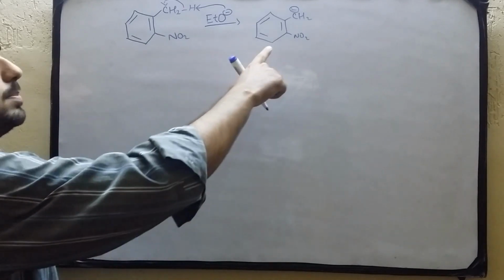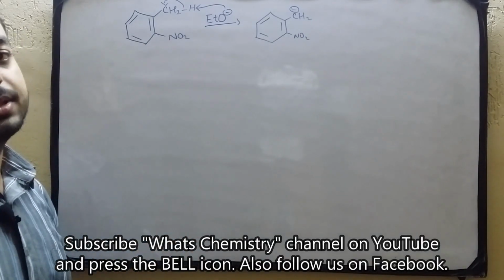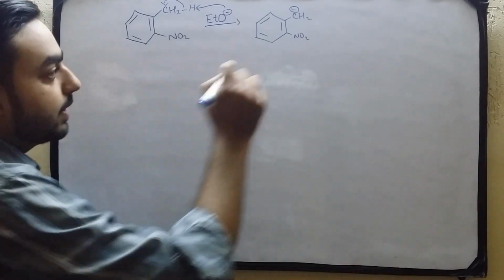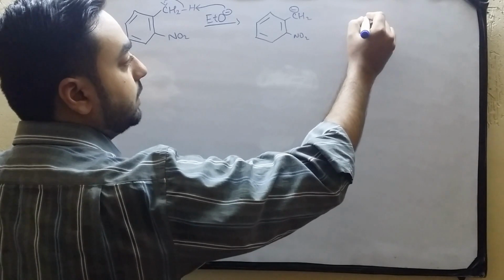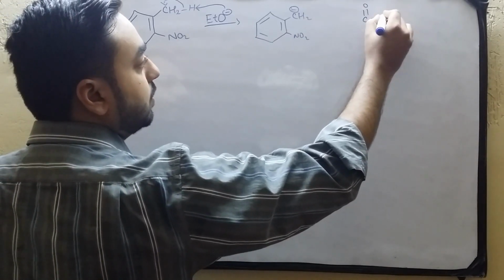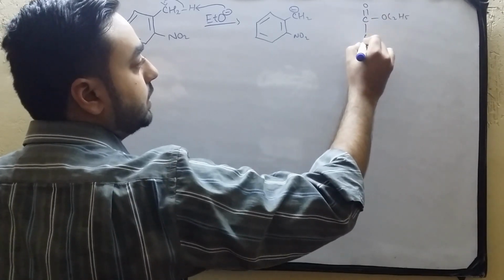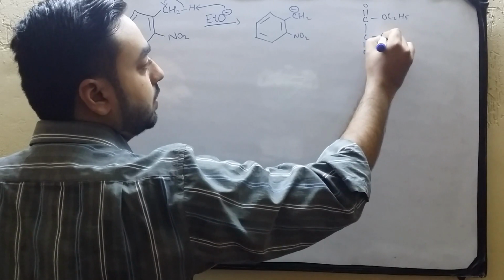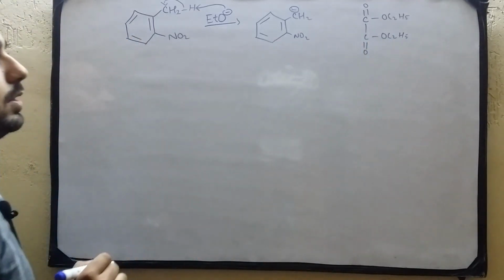Now this part of the reaction will react with diethyl oxalate. I will write oxalate in a way C double bond O, OC2H5, C double bond O, OC2H5. This is our diethyl oxalate.